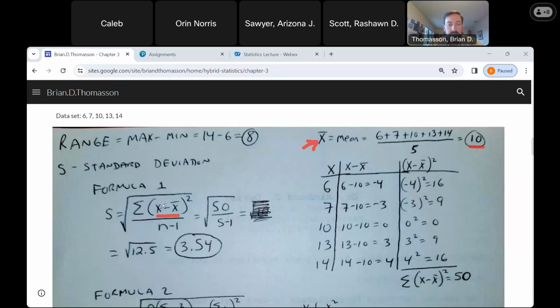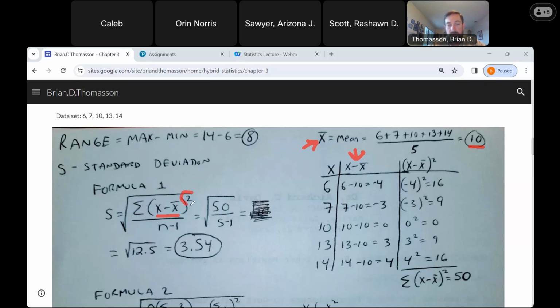So when we have this x minus x bar, we're taking each individual x value, which is the 6, 7, 10, 13, 14, and subtracting the mean. That's what I've done in this column here. So we have 6 minus 10, which is the first value, which is -4, 7 minus 10, -3 the second one, and so forth. So we take each one of the values and subtract the mean. That takes care of the inside part.